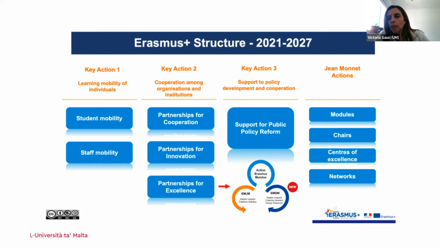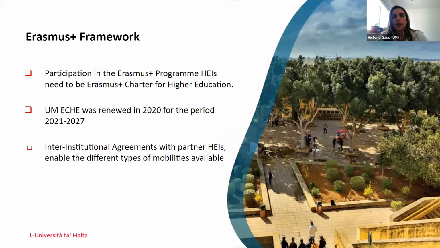For the scope of my presentation, I shall be focusing on Key Action 1, the individual mobilities, basically for students and staff. So basically, this applies for the university, but also it applies to the other university. So basically, if your university is participating in Erasmus, this will also apply to you.